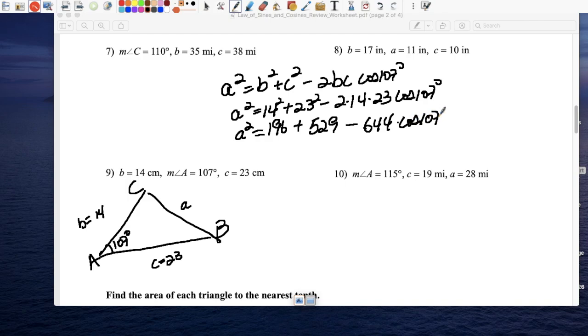So let's put all that in the calculator. 196 plus 529 minus 644 times cosine of 107. Enter. We get 913.29. We're going to take the square root of that. And little a is 30.22. So I'm going to put 30.22.